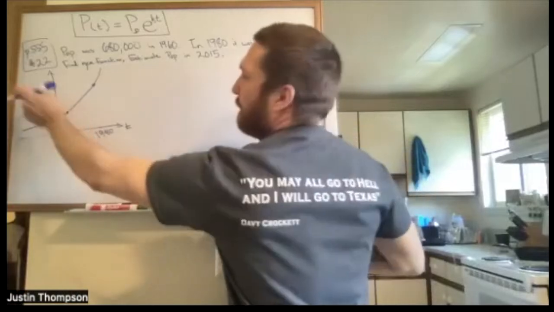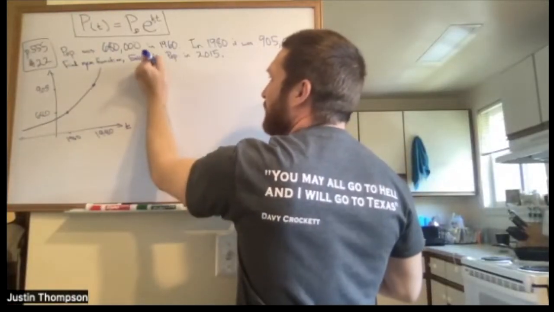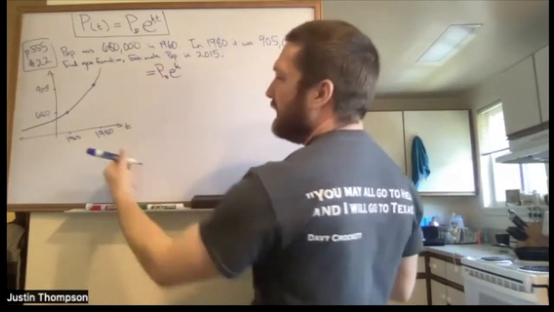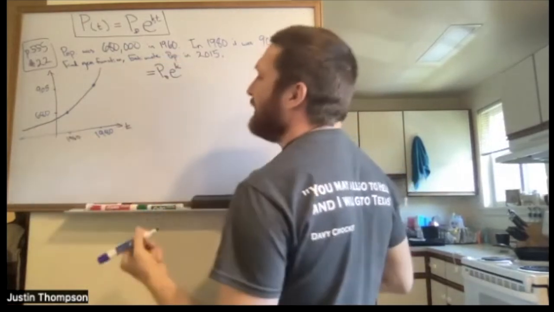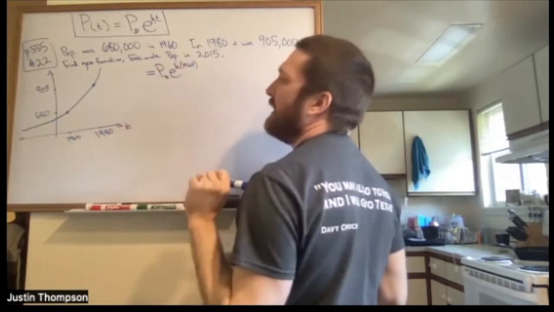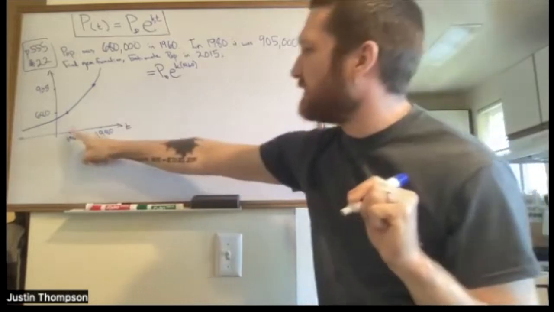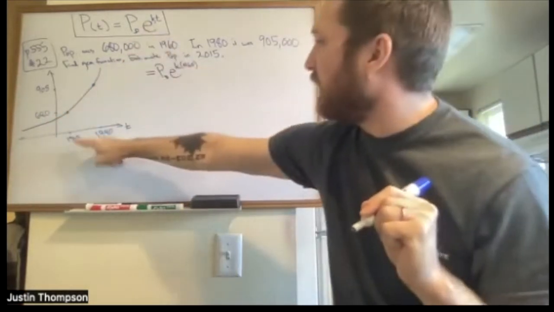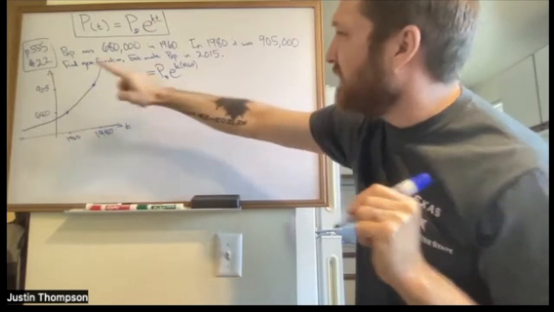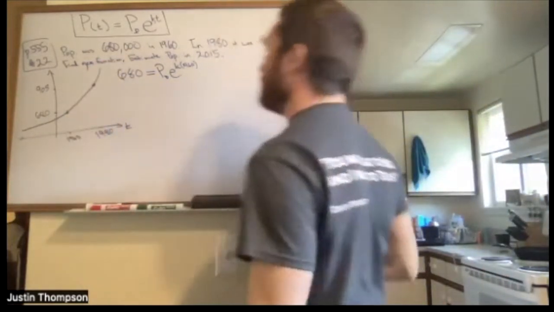So I'm just going to take that point and plug it in, right? We're going to say, okay, you have some initial P0, e to the k, we don't know what it is, but then k times 1960, just like that. Not using my brain here, I'm just saying, well, this thing means that you plug in a 1960 for t, then your output is 680. Easy enough, okay?